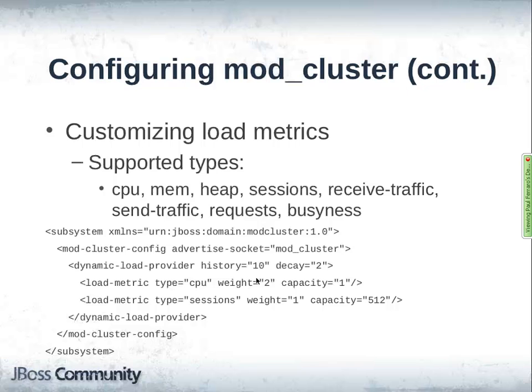Load metrics can be weighted as well, and if you look here, the history indicates how many load values I'm storing, and the decay indicates how significant previous loads are in terms of the final load that I'm calculating. So think of it as a time decay factor.